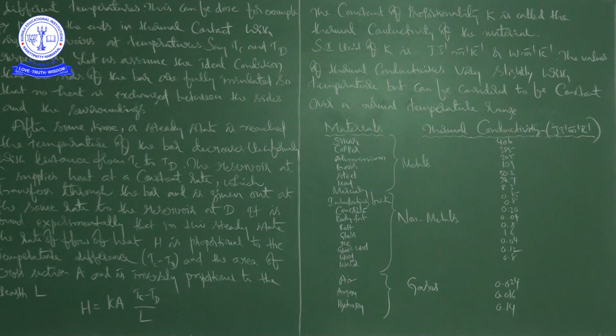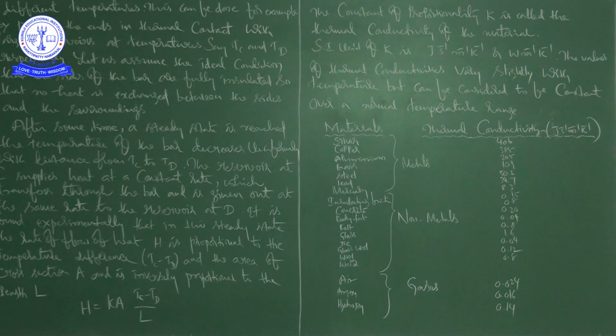Glass and water have the same value of thermal conductivity, 0.8. Comparing the non-metals among themselves, felt has the least value, and glass wool also has the least value.